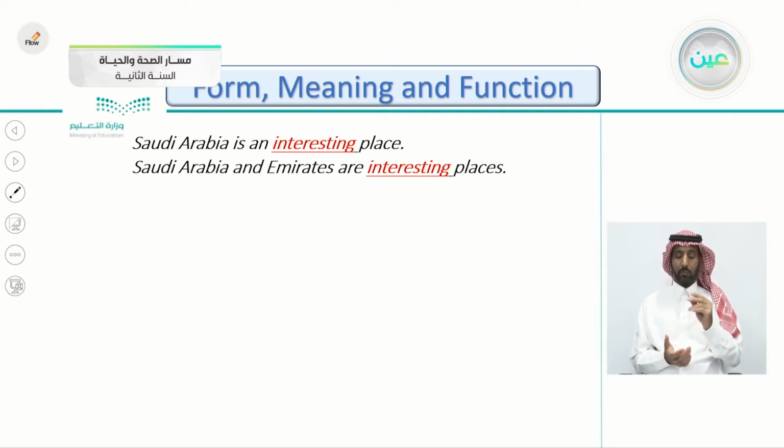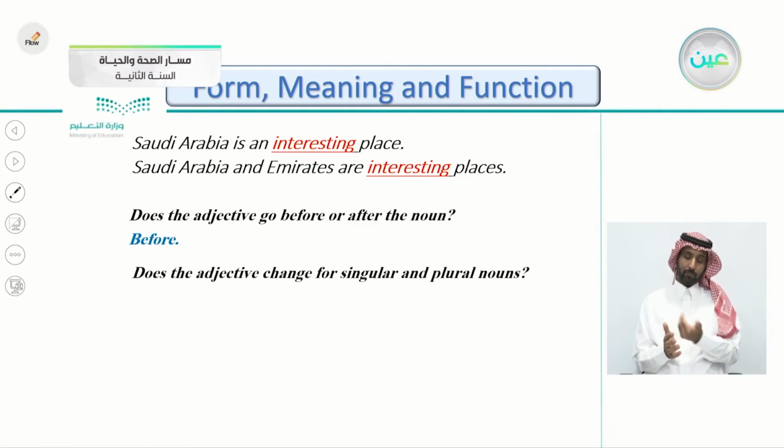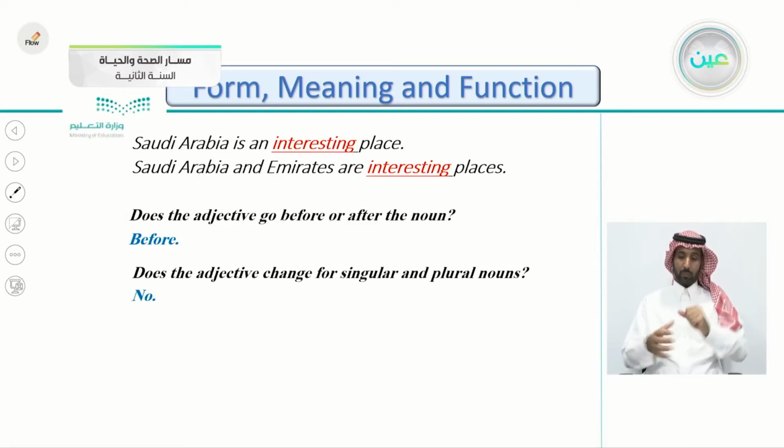Does the adjective go before or after the noun? Of course, it comes before. Does it change here, interesting and interesting? Of course not. It doesn't change whether we are describing a singular or a plural noun.